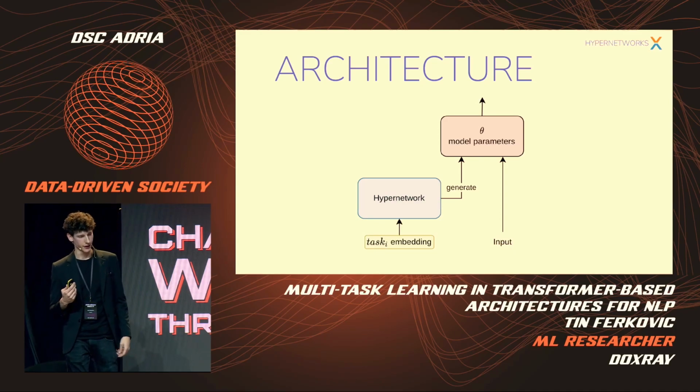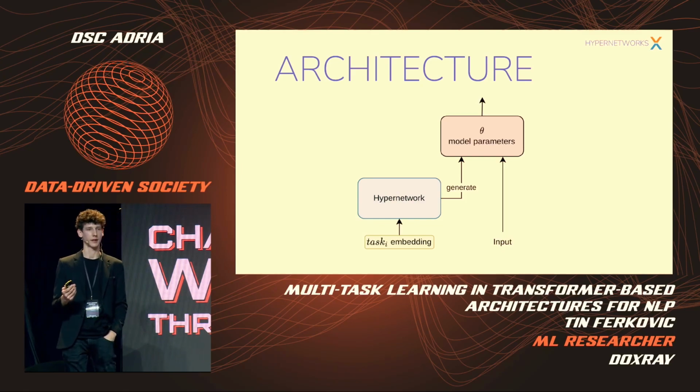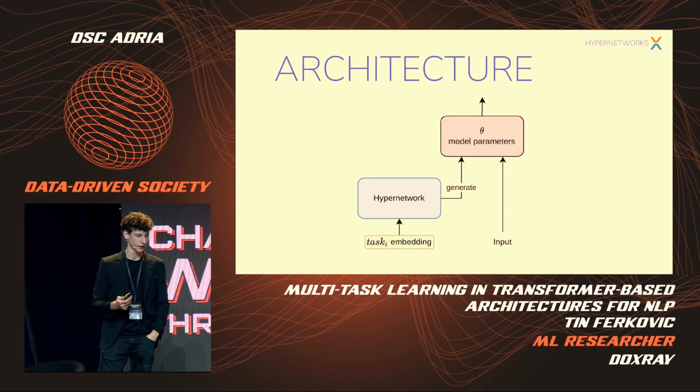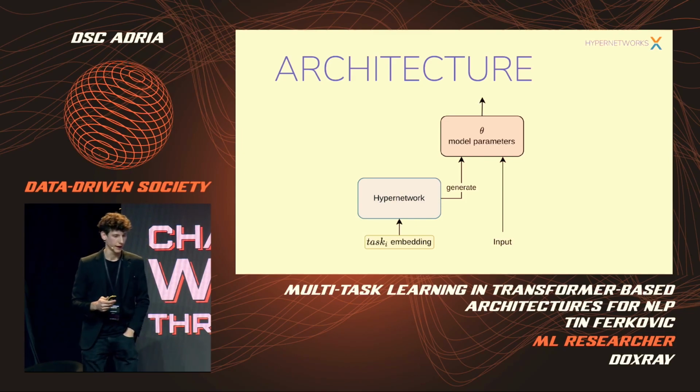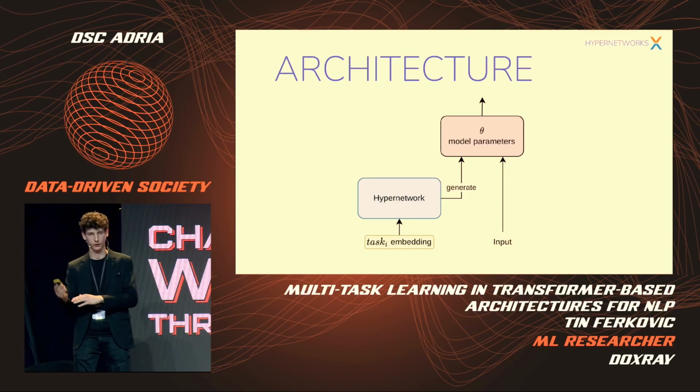And the architecture, again in blue, we have the component that's being updated by all the tasks. In green, we have the component that's updated by just the current task that you're training. That's in this batch, for example, and the hypernetwork, based on its parameters and based on the embedding that it's given, generates the model parameters, which are then used in, for example, the forward pass.